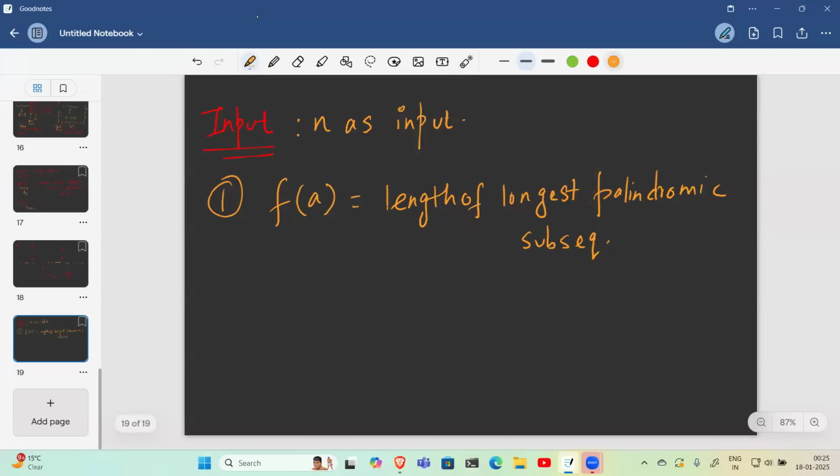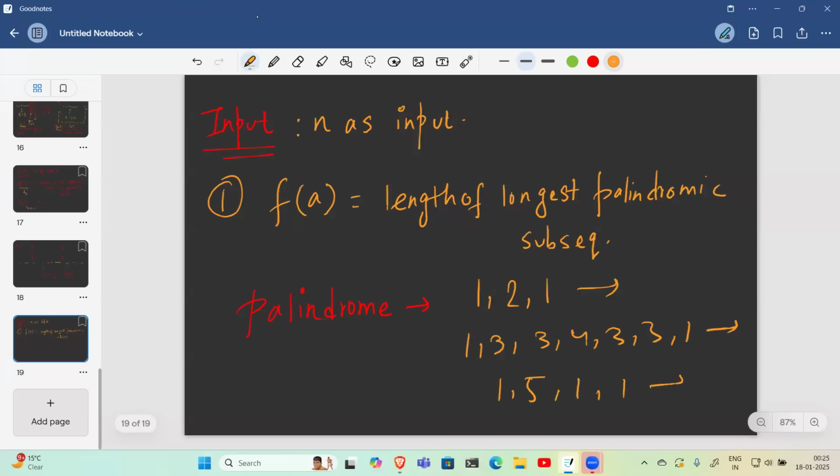So I think you all know what a palindrome is. A palindrome is something which reads the same when you read it from back to front. For example, 1 2 1 is a valid palindrome, or 1 3 3 4 3 3 1 is also a valid palindrome. But 1 5 1 1 is not a valid palindrome.